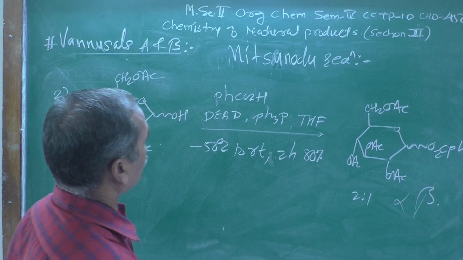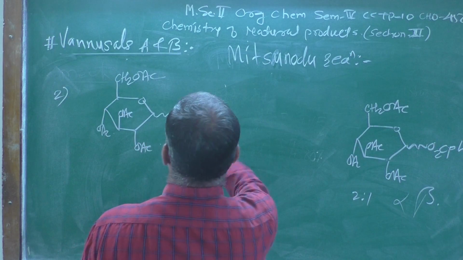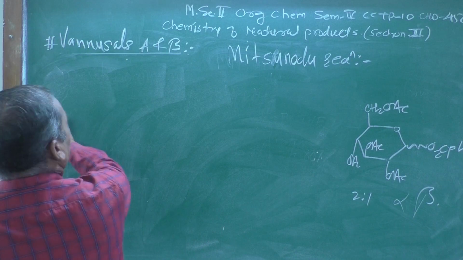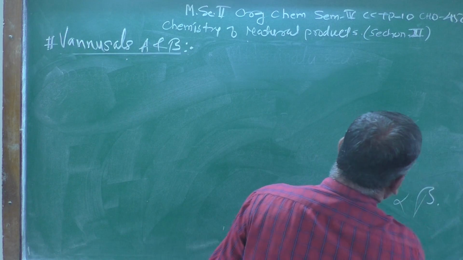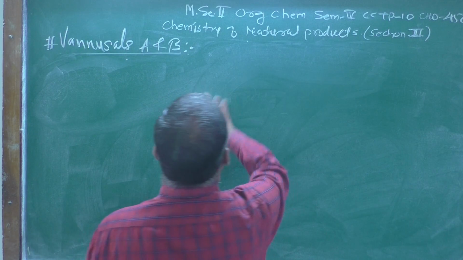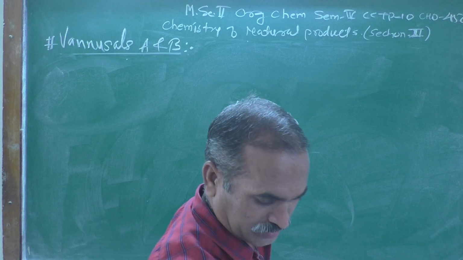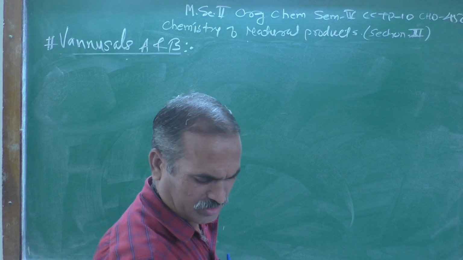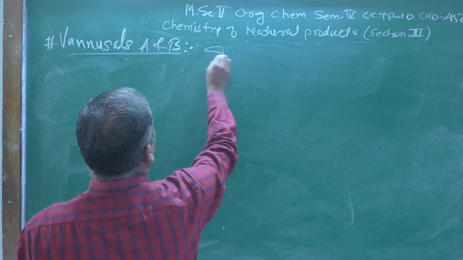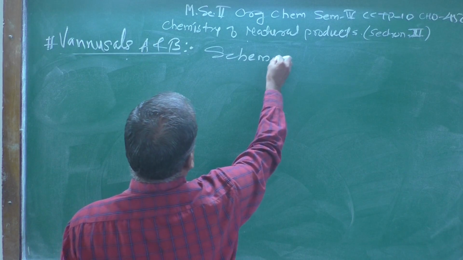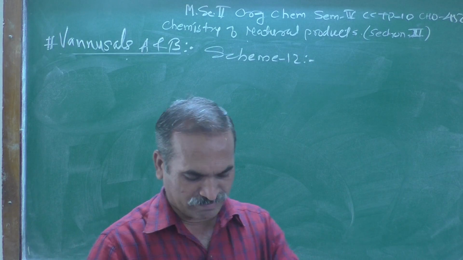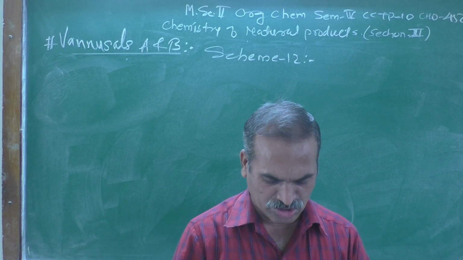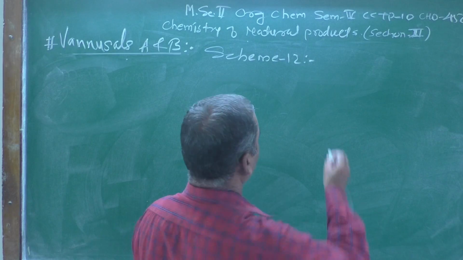Now, we are going to discuss scheme number 12. Let us see what it is. That is scheme number 12. The heading of that scheme is construction of vinyl iodide.